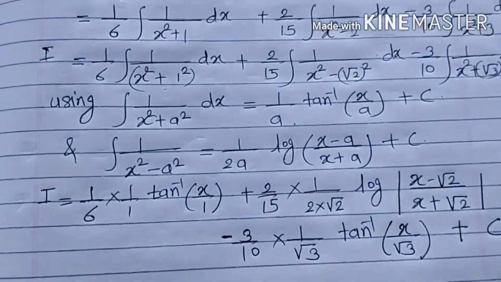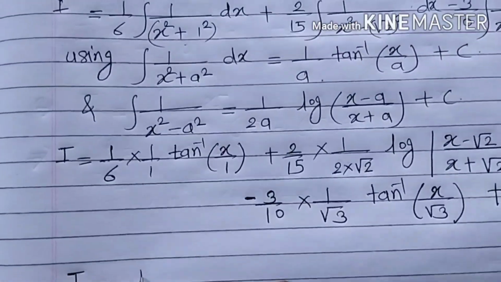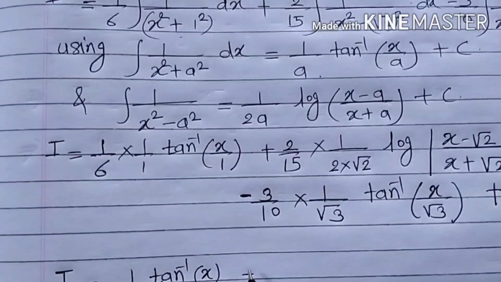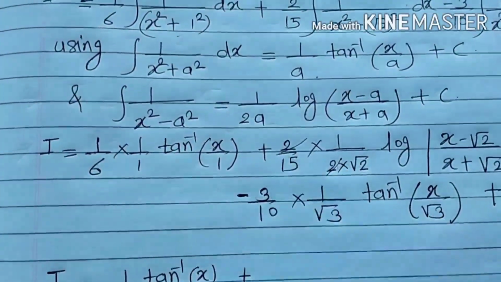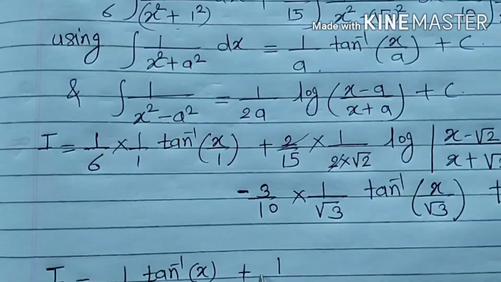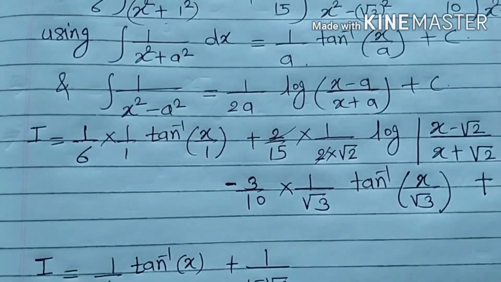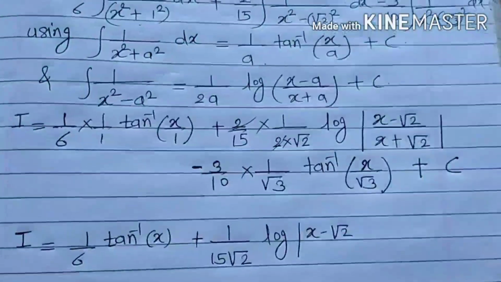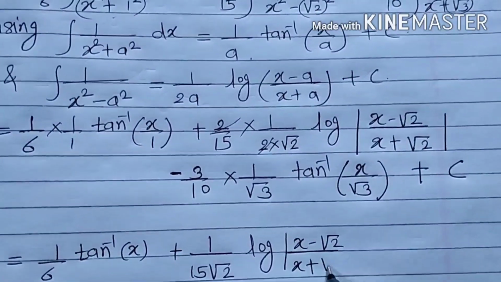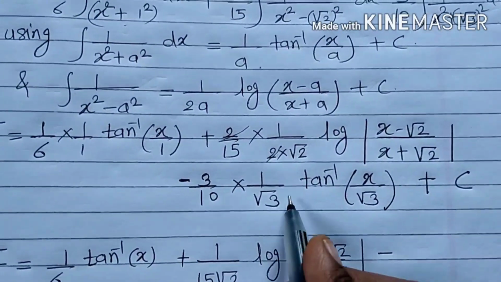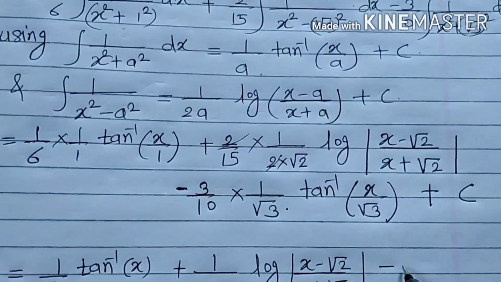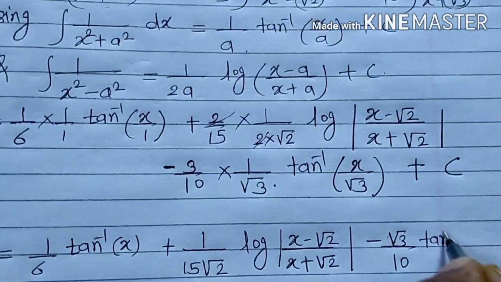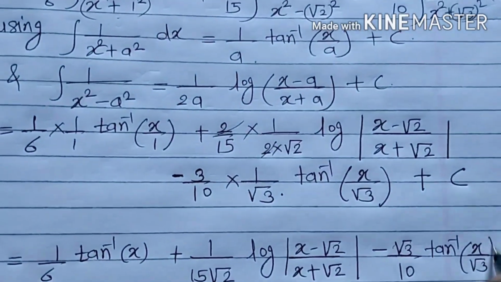So you can write like that, I is equal to 1 by 6 tan inverse x plus, this 2 and this 2 get cancelled, so only remaining 1 upon 15 root 2 log of x minus root 2 upon x plus root 2, minus, this root 3 and 1 upon root 3, so we get root 3 upon 10 tan inverse x upon root 3 plus c.